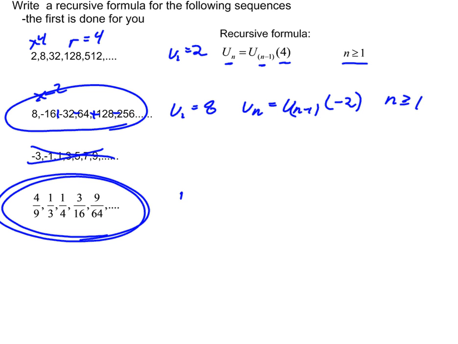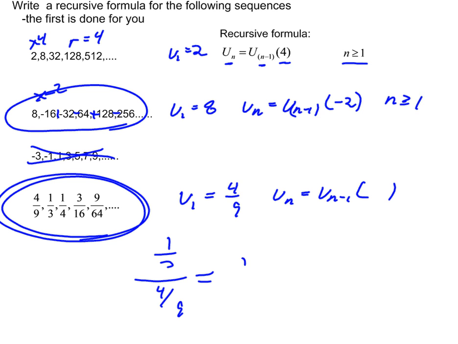Let's just go right to this one. So, u sub 1 is equal to 4/9. U sub n is equal to u sub n minus 1 times the common ratio. What is that common ratio? Let's do 1/3 divided by 4/9, which is 1/3 times 9 over 4, 9 over 12.